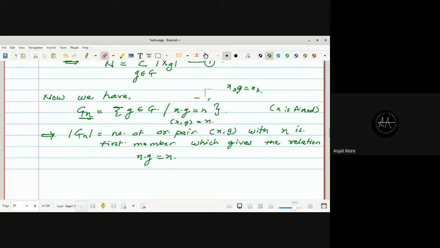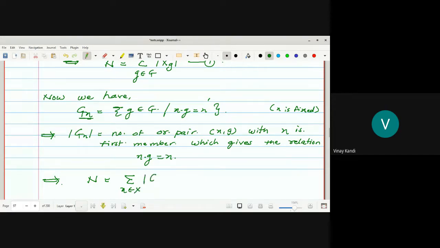Yes, sir. So that implies again that N is equal to the summation over x belonging to capital X, fixed x, of the order of gx. Here also ordered pairs, here also ordered pairs. Okay, so this is equation number 2.